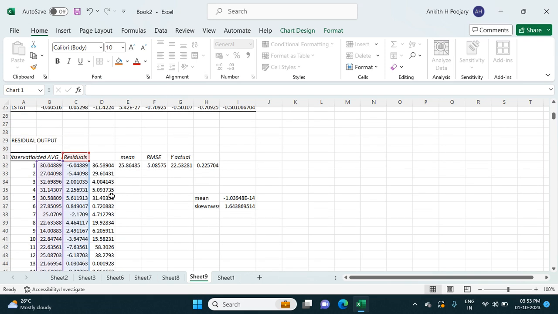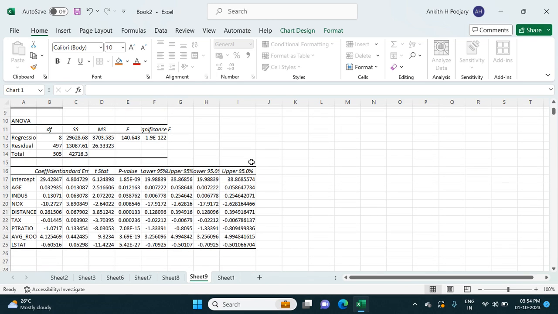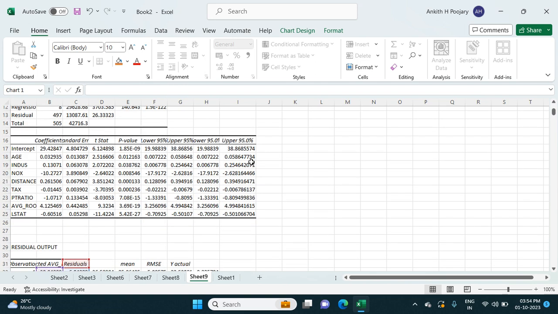The residual of that model should have mean equal to 0, skewness 0, meaning normally distributed, and there should be no relationship between the predicted value and the residual. That we will know by using the scatter plot. If the scatter plot shows any direction, that means it has a relationship. If any of these conditions is not met, you can't use that model as the perfect model, and you can't use that model to predict any variables.